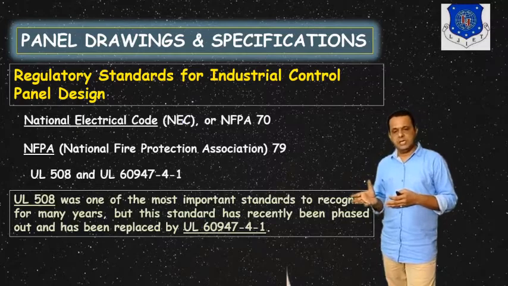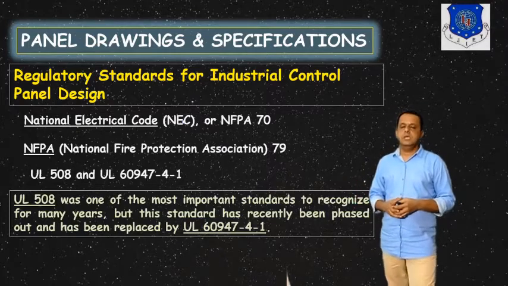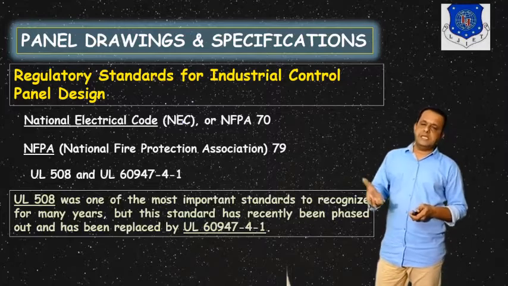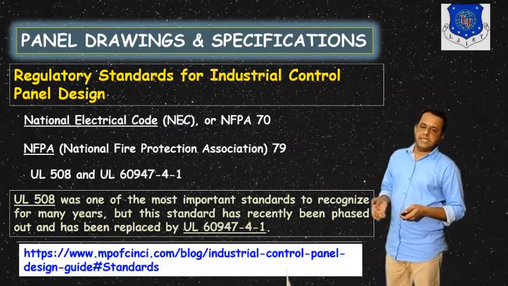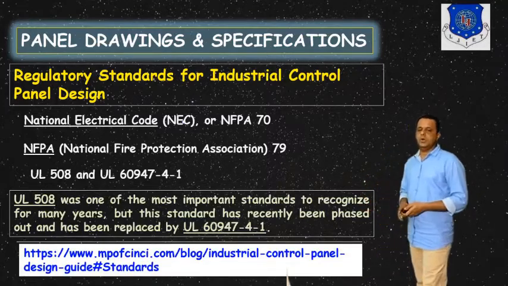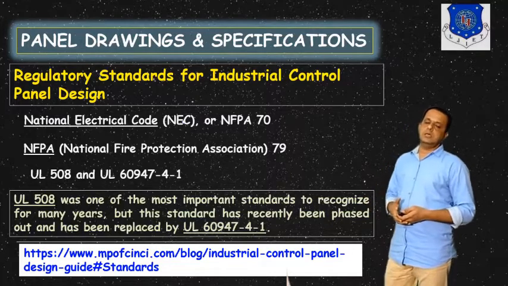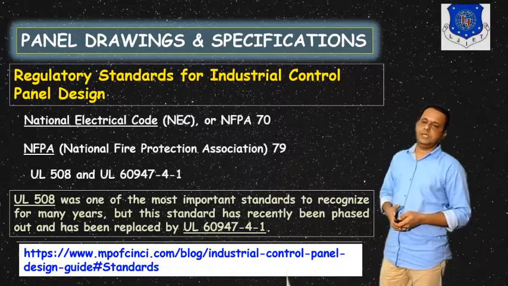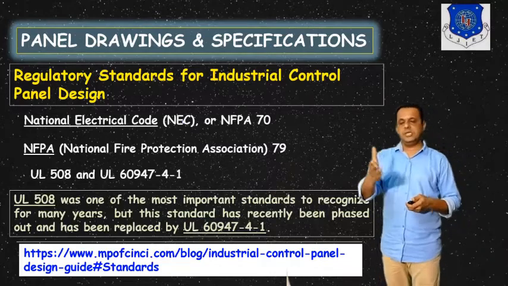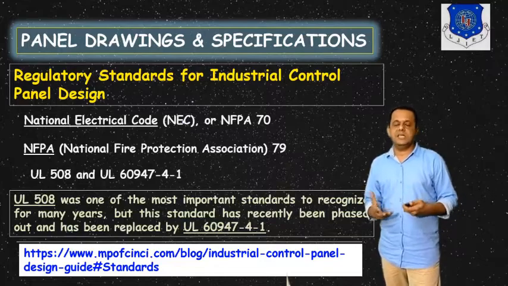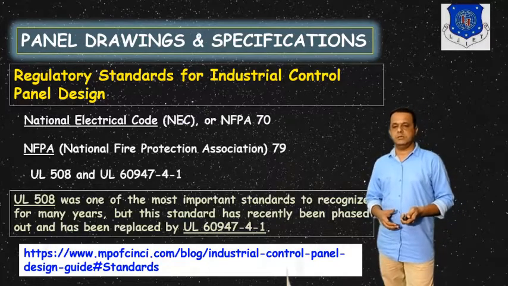Actually, UL 508 is now replaced by UL 60947. For the detailing of these standards and what is to be followed, you can refer to this blog here. But for now, you can remember these three standards to regulate or standardize your panel drawing and specification.